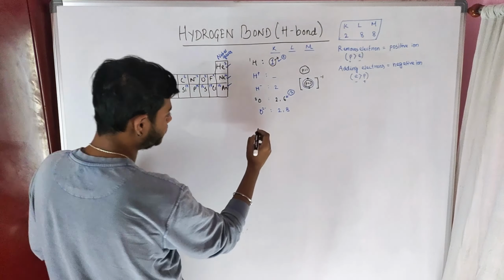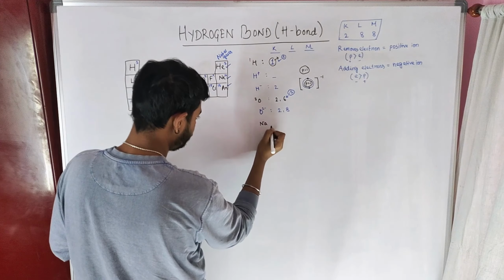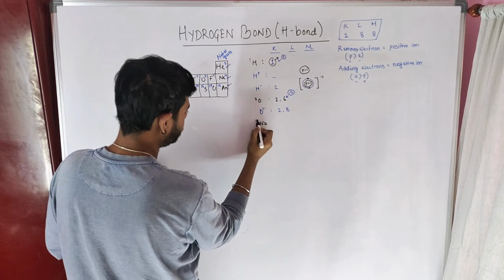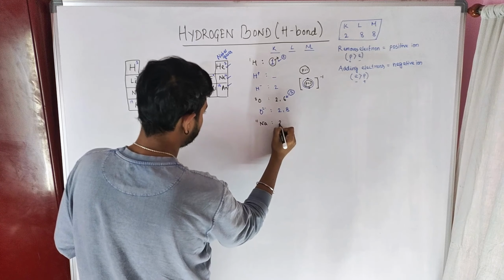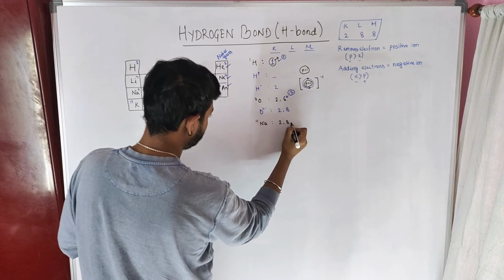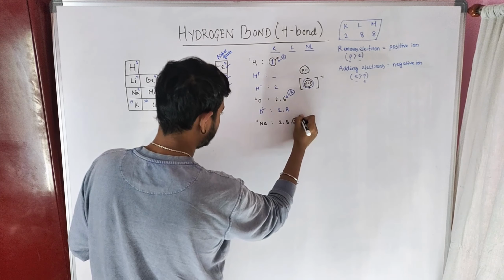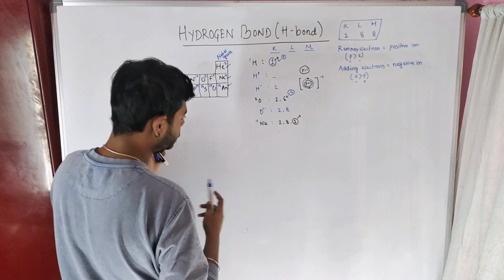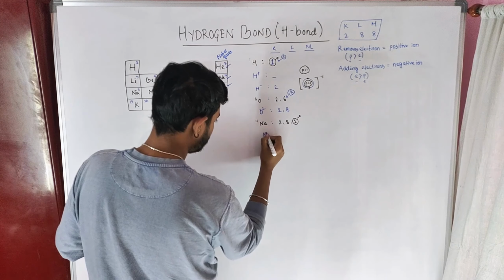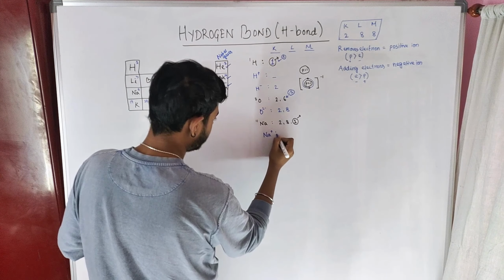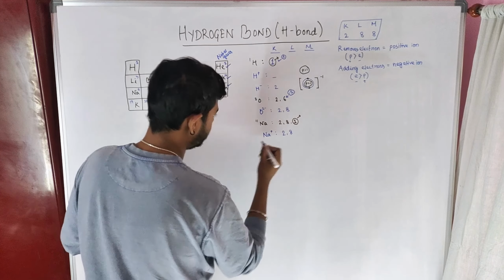Similarly, sodium has 11 electrons. So it will remove this last shell electron and will form a sodium ion, 2,8.